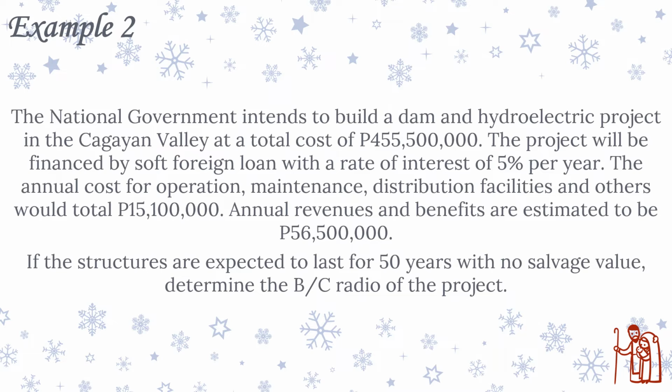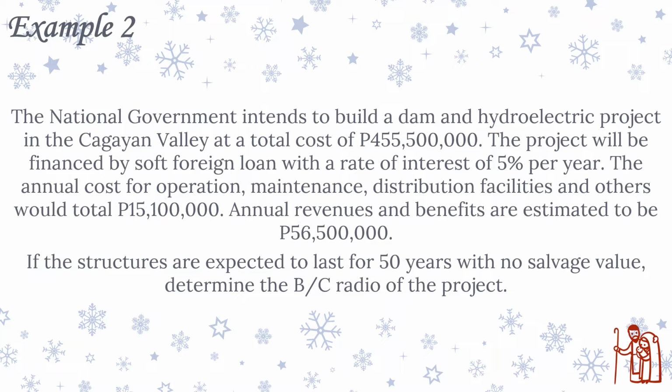So let's go to another example. The national government intends to build a dam and hydroelectric project in the Cagayan Valley at a total cost of 455.5 million. The project will be financed by a soft foreign loan with a rate of interest of 5% per year.